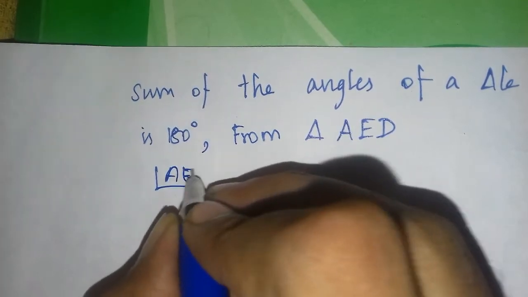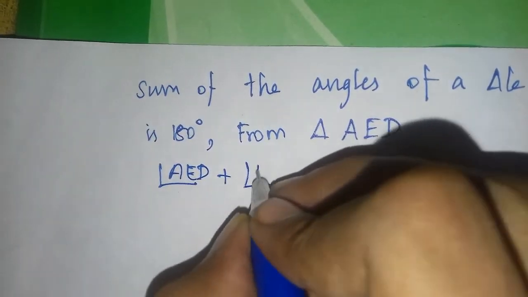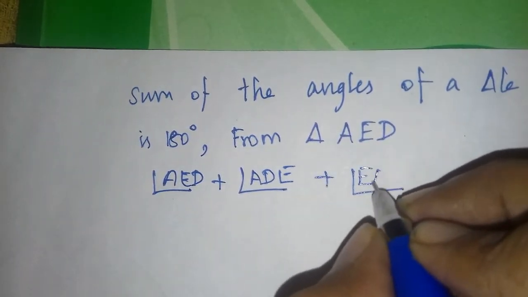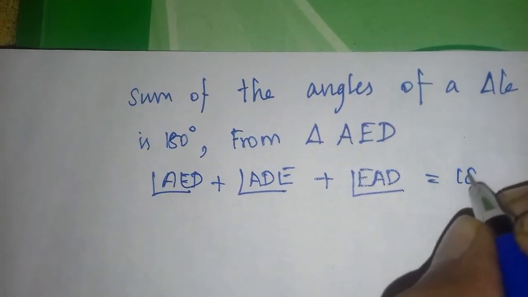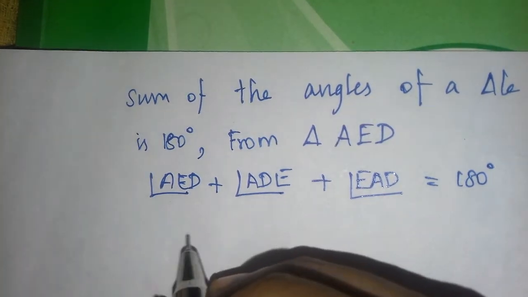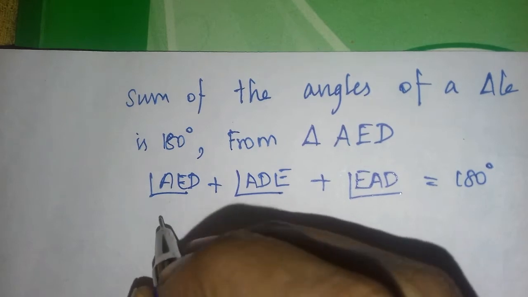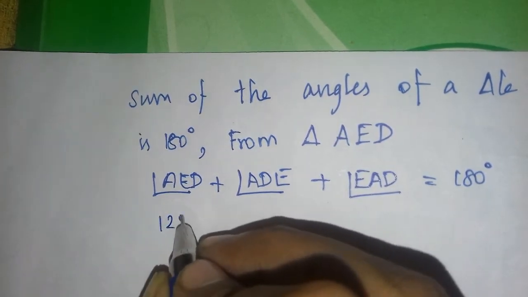Angle AED plus angle ADE plus angle EAD is equal to 180 degrees. What is angle AED? That is 125 degrees.